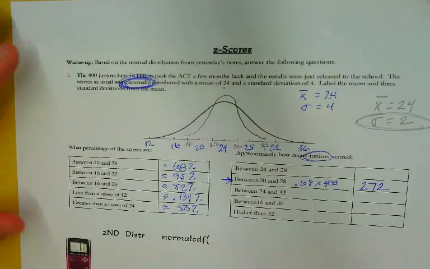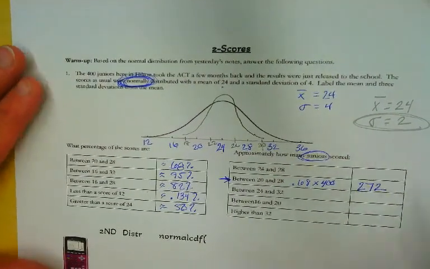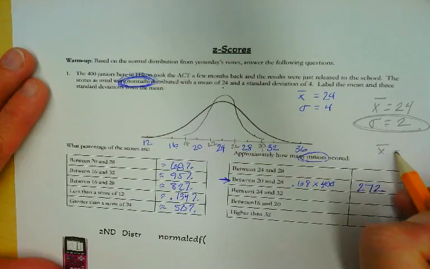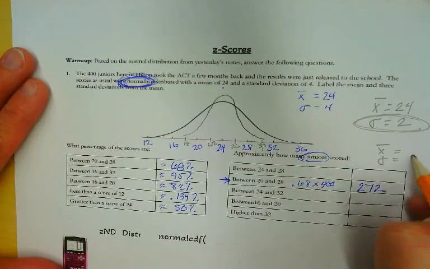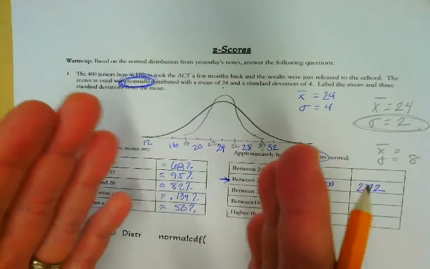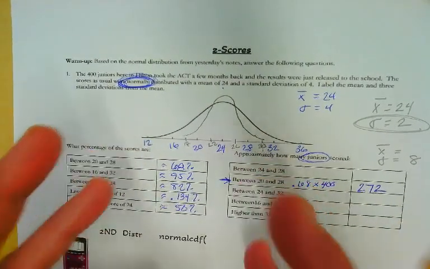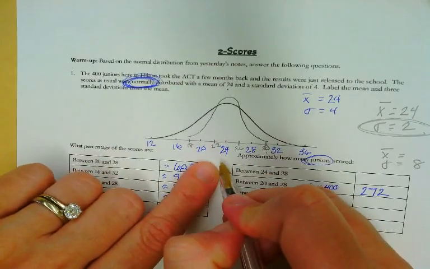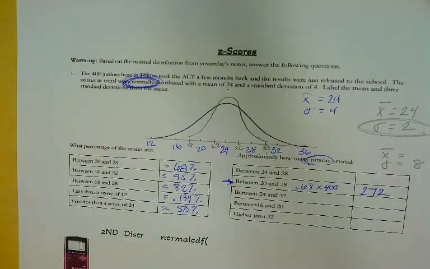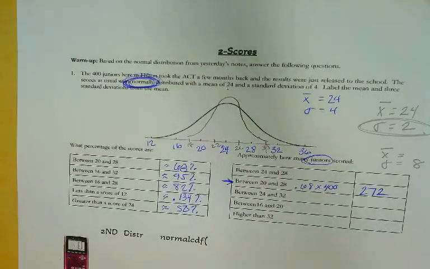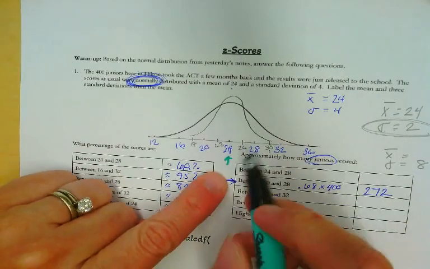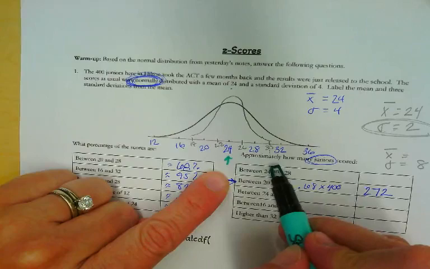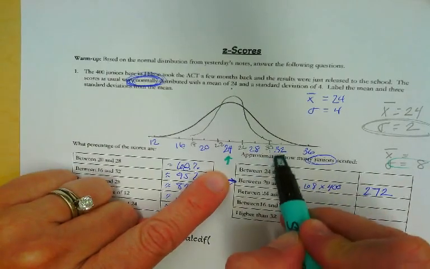And likewise, if my standard deviation got bigger, let's say our standard deviation is now 8. What should happen to my curve? It should spread out a lot further. So I'm just going to, you got another color? Is that a highlighter? Can I use this? Thanks. All right, so here's my first one is 24. What would my next number be? 24 plus 8 would be 32.